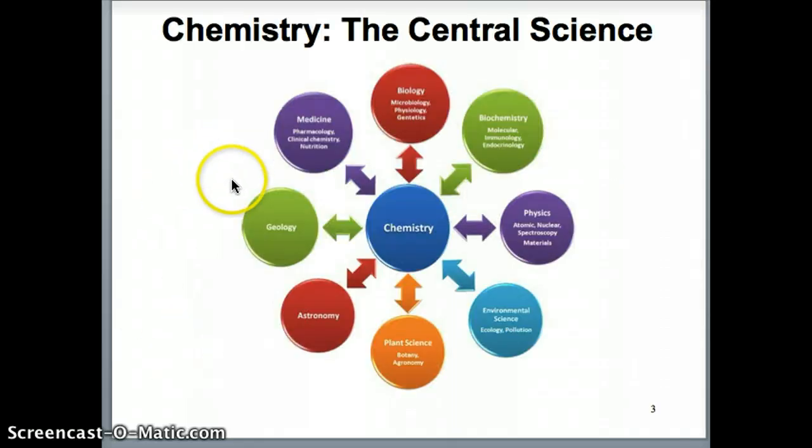First thing about chemistry that you need to know is that it's a very central part of science. And a lot of other parts of sciences, for example, geology, medicine, biology, biochemistry, physics, and other parts of sciences are centrally connected to chemistry. Chemistry plays an important role for you to be able to understand what happens in biology and therefore what happens in medicine and biochemistry.